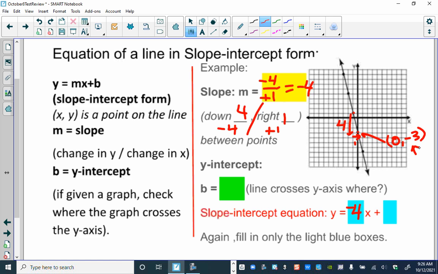This is your b value. Now, I don't know if I'm going to give you this particular problem. I might not. I'm going to see. But that's all you would need to do. Slope, and then ask yourself, where does that line cross the y-axis? If you have that, that's all you need.